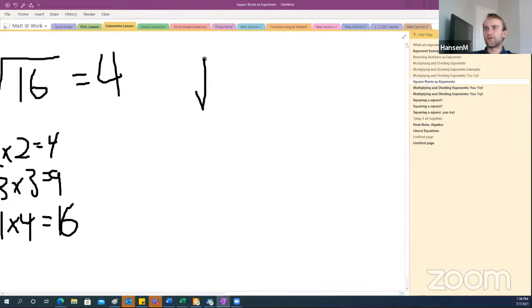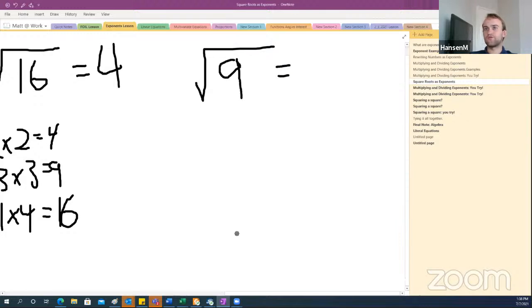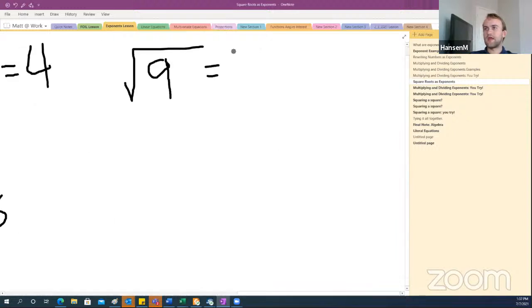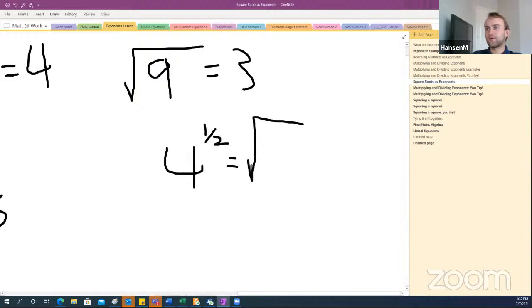Similarly, the square root of 9: we ask ourselves what number times itself is equal to 9. We figured that out earlier. 3 times 3 is 9. We would say our answer is 3. And finally, if we were to take 4 to the 1/2 power, remember, that's the same thing as the square root.